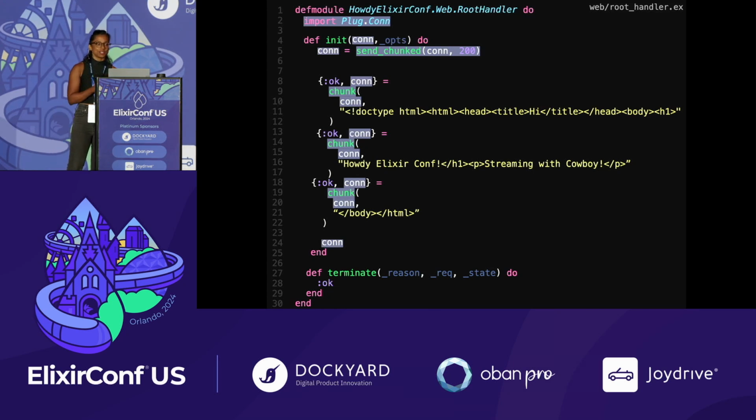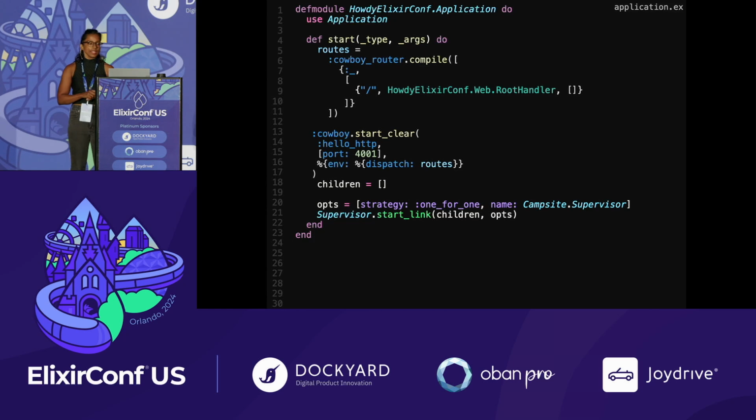Here you have access to plug.con, which is a connection struct that the plug library gives you. Within that, I can update the connection without having to remember the state or pass that state through. I can just update it very nicely.